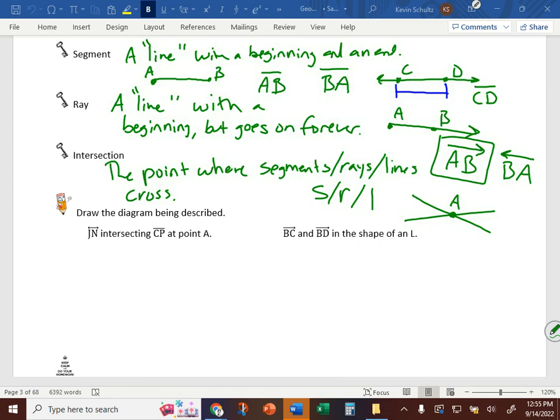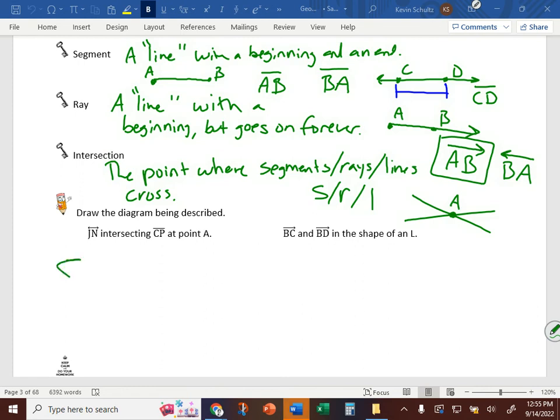One does have arrows, like you said. The other one doesn't. What does that mean? Because they're not both lines, right? Jack. So the first one is a line. Yep. And the second one is a segment. Segment, okay? So we have line JN intersecting segment CP at point A.